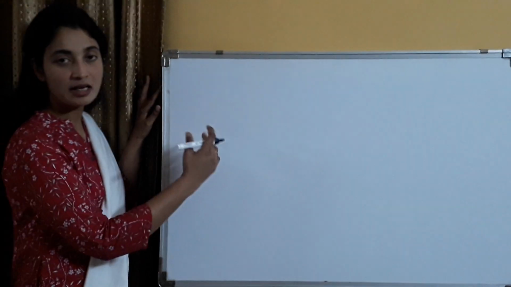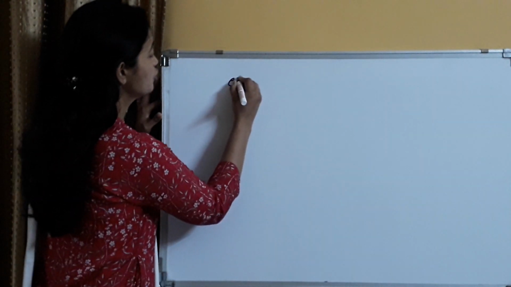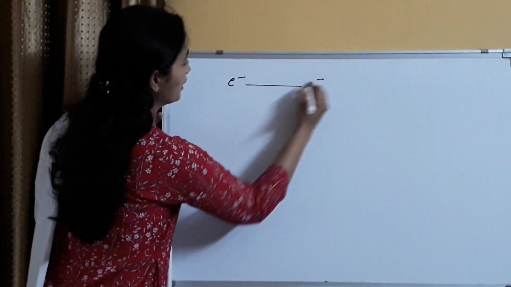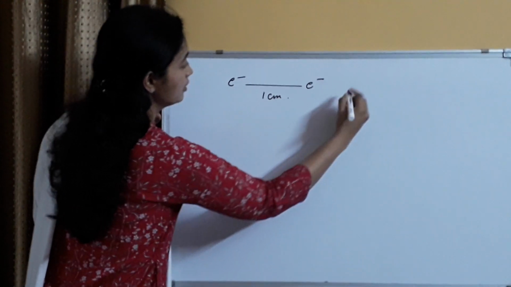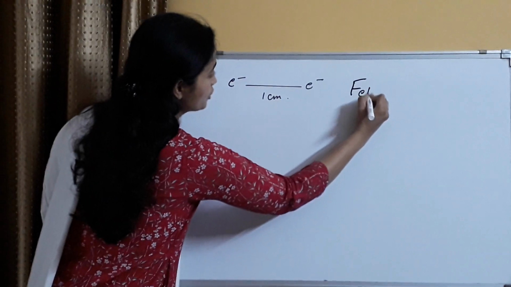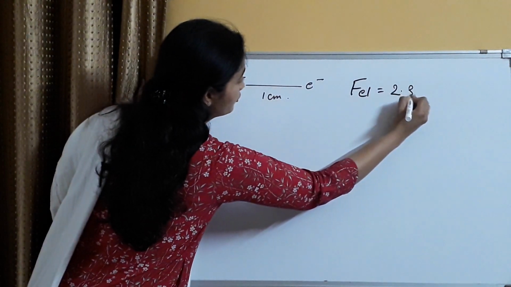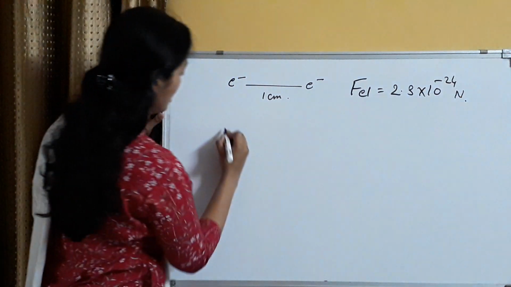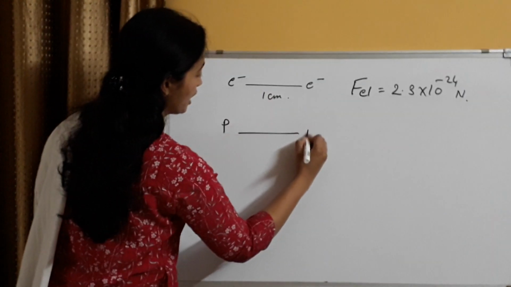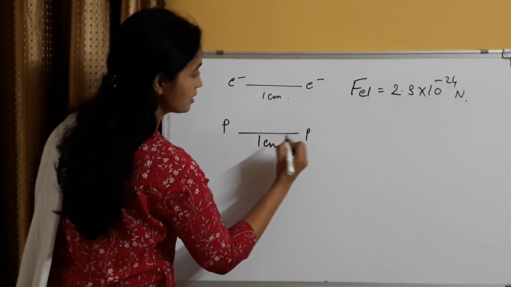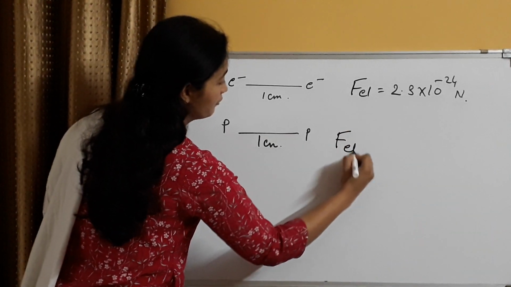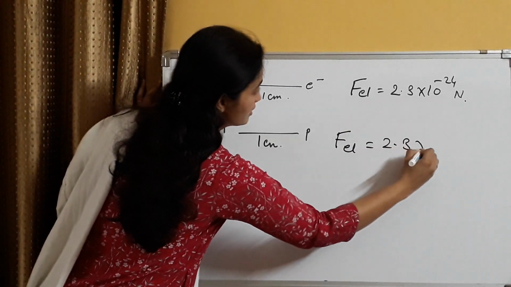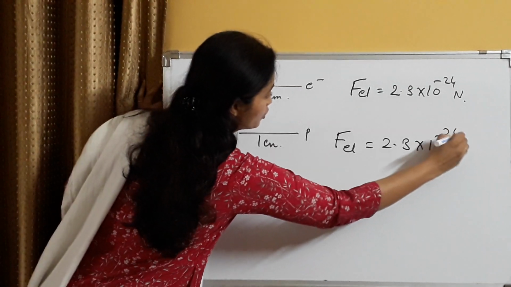From our past discussion, we can conclude that if two electrons are kept at a distance of 1 centimeter, then they experience an electrostatic force of 2.3 into 10 to the power minus 24 newtons. If two protons, which are positively charged, are also kept at a distance of 1 centimeter, they experience F electrostatic, magnitude wise the same, 10 to the power minus 24 newtons.